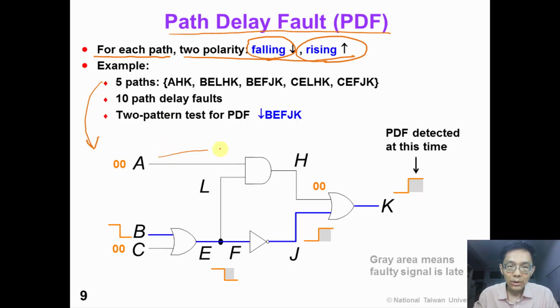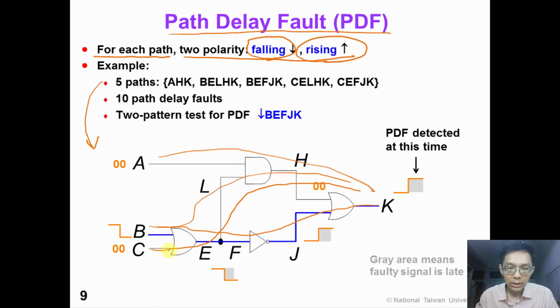They are AHK, BELHK, BEFJK, CELHK, and CEFJK. For each path, we have 2 path delay faults. So there are totally 10 path delay faults in this circuit.